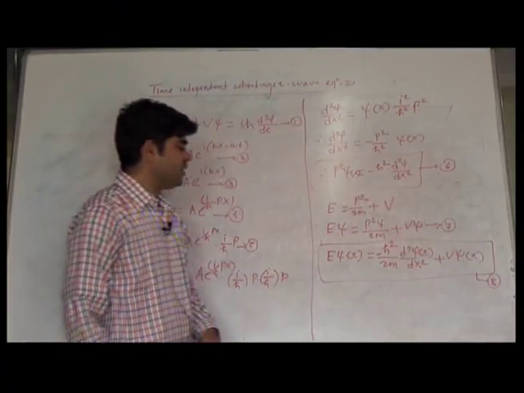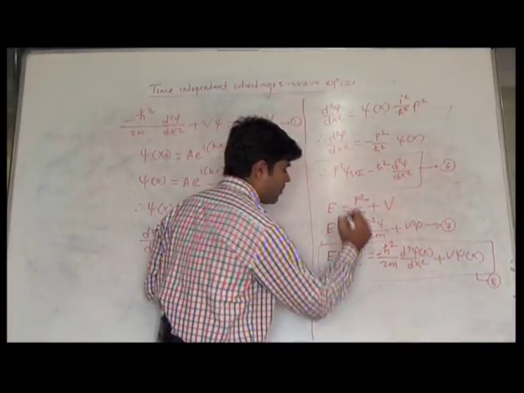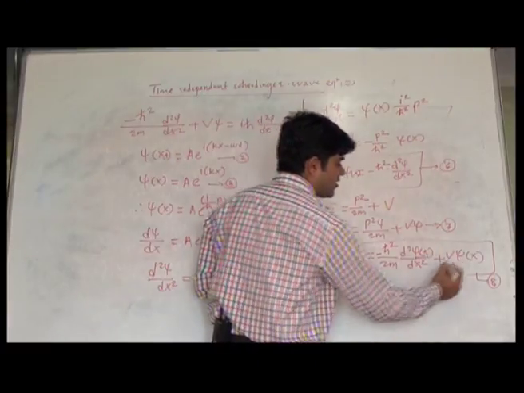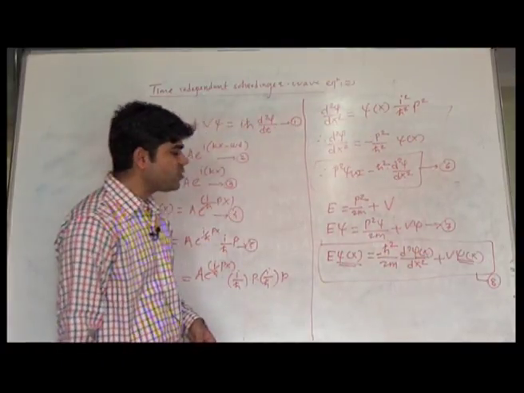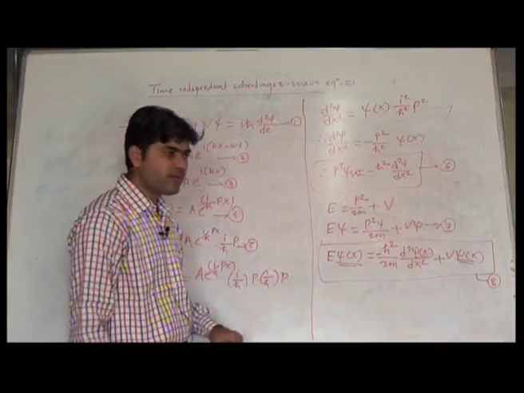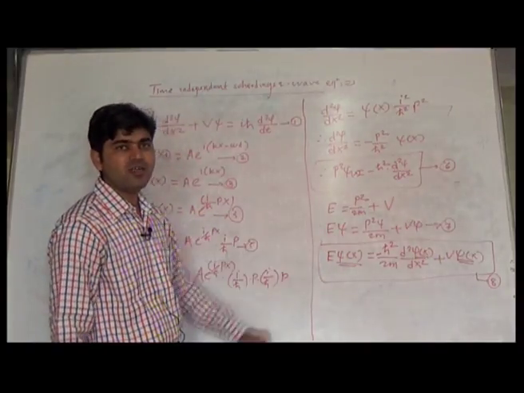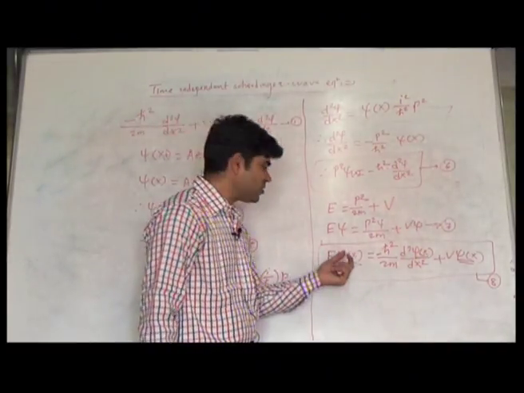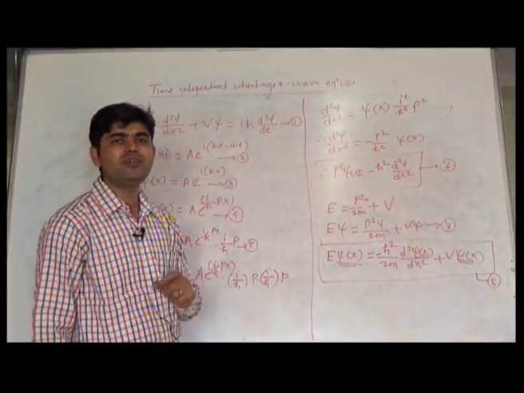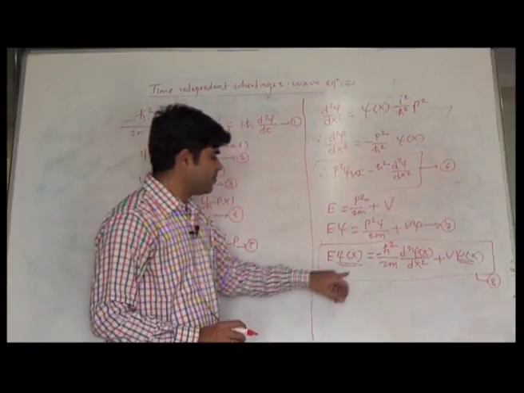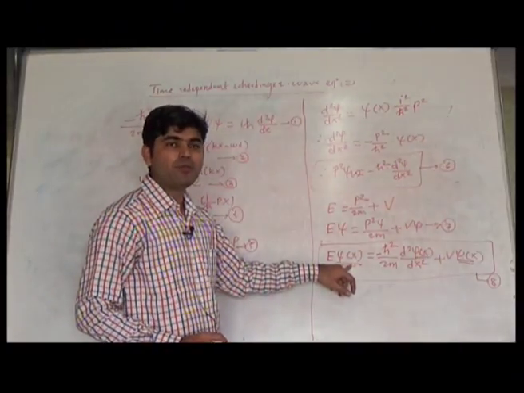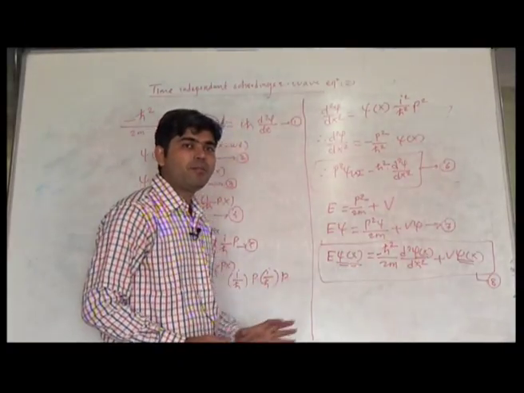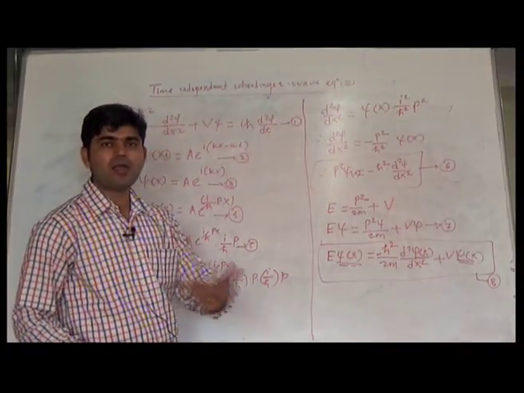In this equation, psi is only a function of x, and on this side psi is also a function of x. Psi is a function of x, which means no t term exists. If there is no t term, this equation is totally direction dependent and time independent. So we can describe the probable position of subatomic particles in a particular direction without applying the time factor.